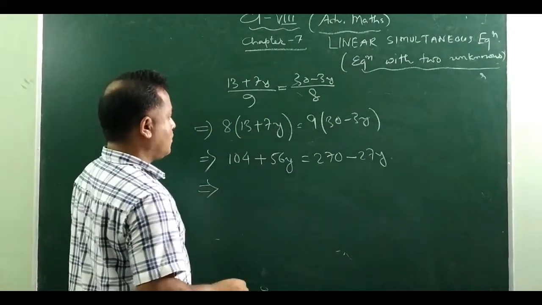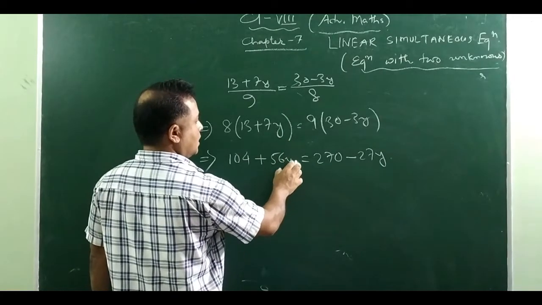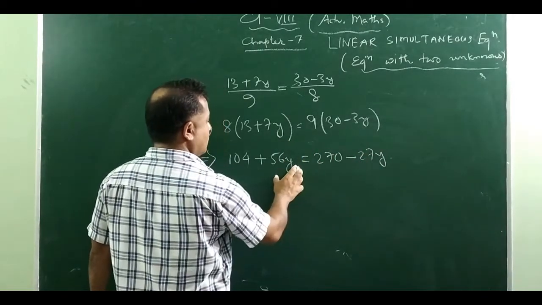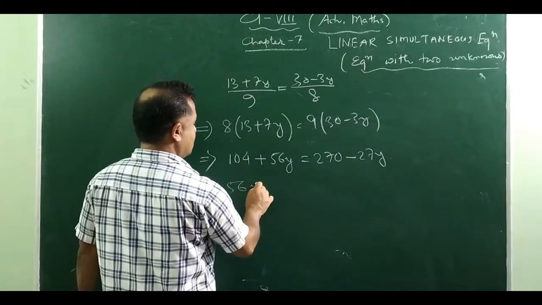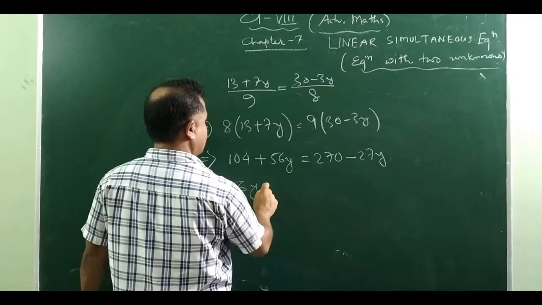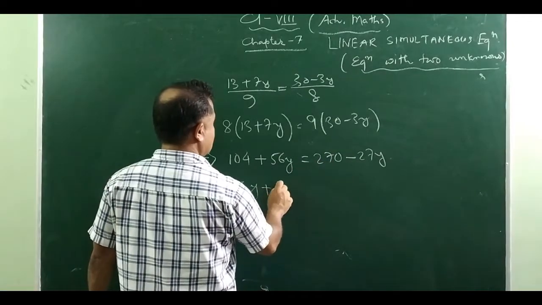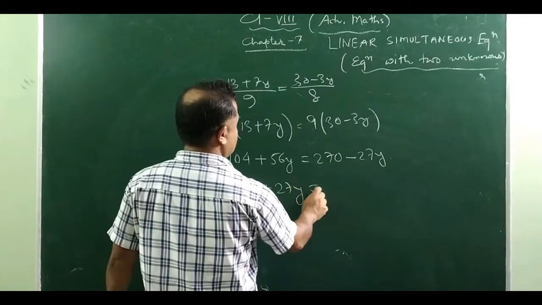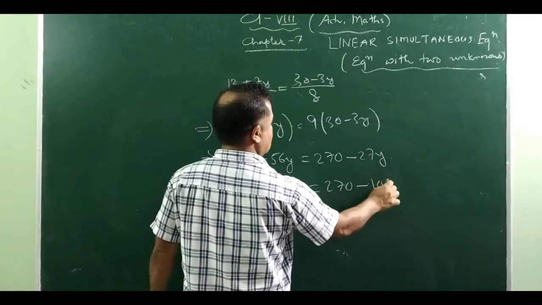Now I equate and transpose the y values to one side. I will not move the 56y, so I will transpose the other one, that means minus will become plus: 27y is equal to 270 minus 104.